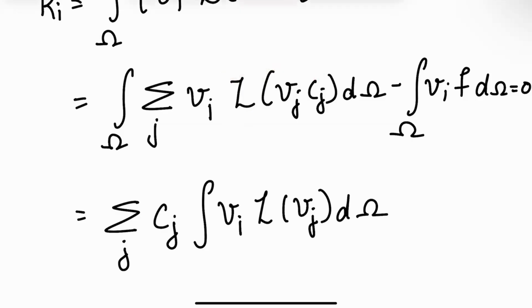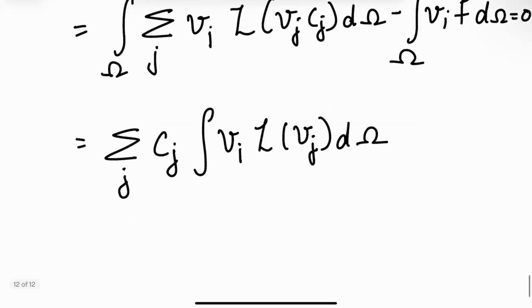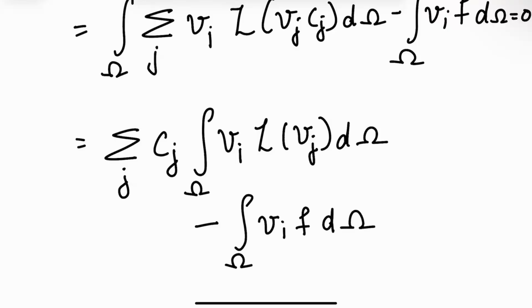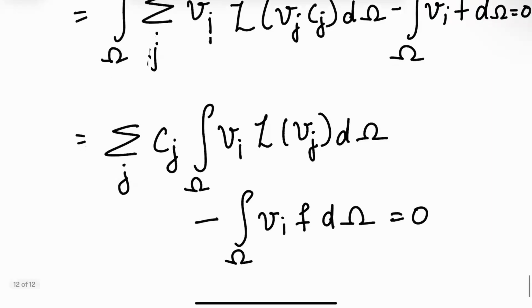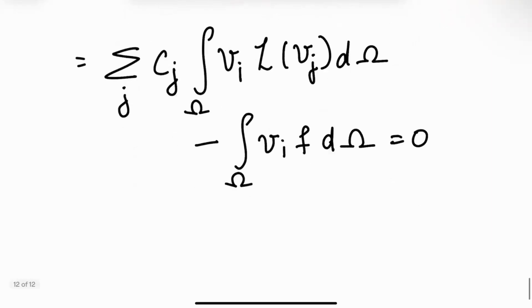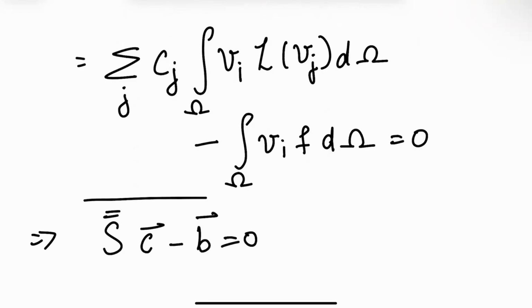Vj d omega minus integral over omega Vi f d omega. This must be equal to 0. And this is exactly a matrix equation, right? So this is identical to saying matrix S, C vector, minus B vector, equal to 0.